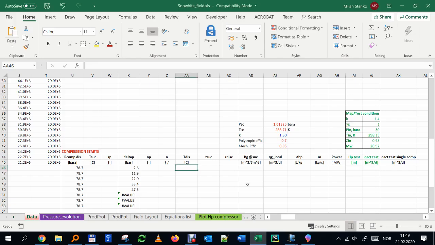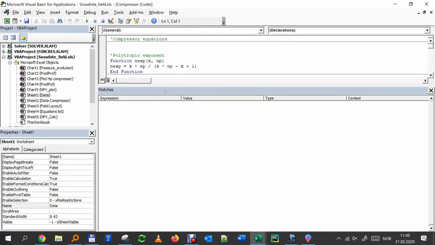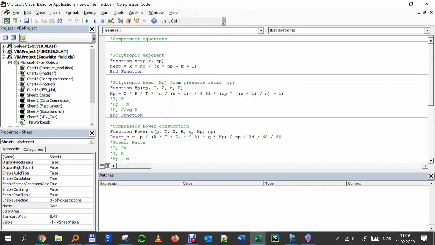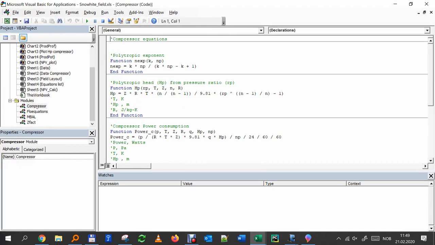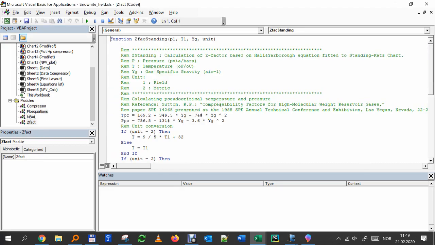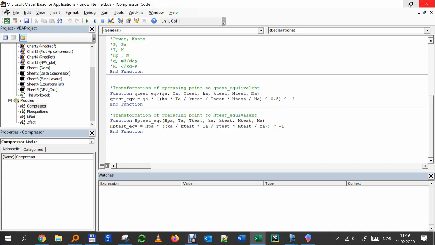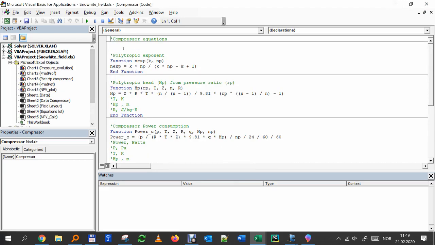So I think if you go to Alt F11, you should see it. Oh, it's actually not here. Yeah, maybe we can make it very quickly.